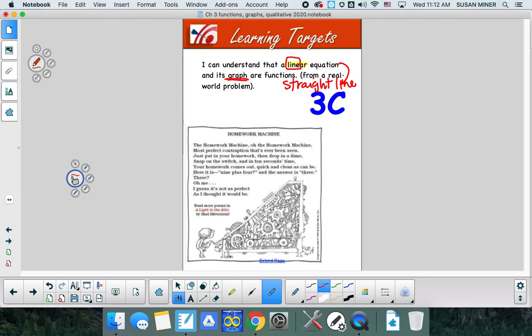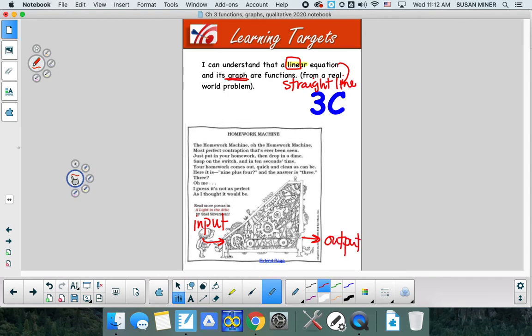Last time we were talking about functions, we said that I wanted to put in an input. So I'm going to use our homework machine from our last lesson to illustrate how we collect data from an equation. I'm going to put something into an equation and it's going to tell me its output.